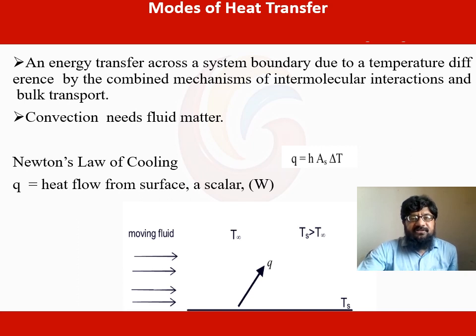Second mode of heat transfer is convection. So in convection the energy is transferred across the system boundary due to temperature difference and also by the intermolecular interactions and the bulk transport of hot fluid towards the colder region.